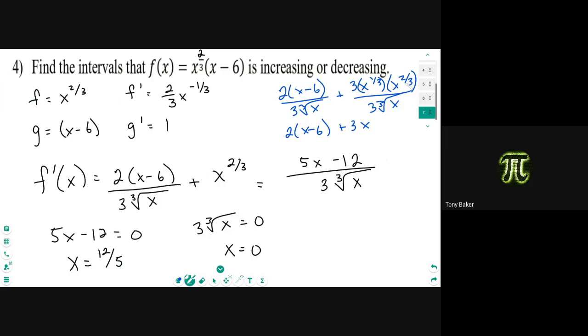X to the 1/3 times x to the 2/3 gives you x, just x. Okay, I see. Yeah, and then I just distributed it.